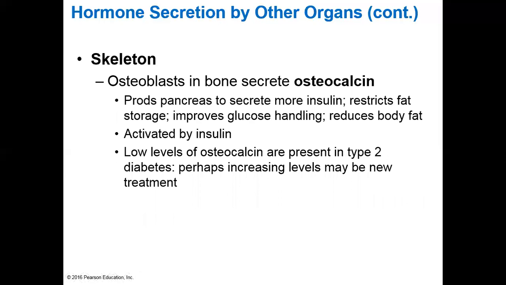And then osteoblasts, these are cells, they release osteocalcin. And so this can play a role in the secretion of insulin and in handling glucose properly, so activated by insulin. And if you had me for 2085, we talked about that for just a second, and its role with blood and glucose.